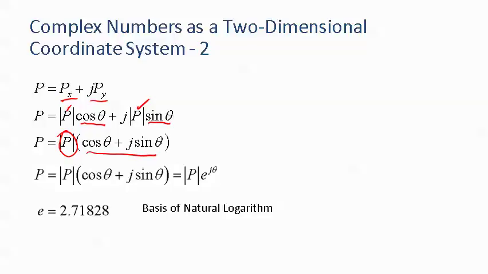The same thing can be represented as the magnitude, absolute value of P, times e raised to the j theta power. Now that's equivalent to the polar form that we saw earlier. Now e, we must remember, is the base of the natural logarithm, 2.718 or so. And theta in this configuration, when we actually evaluate this exponential, needs to be in radians.